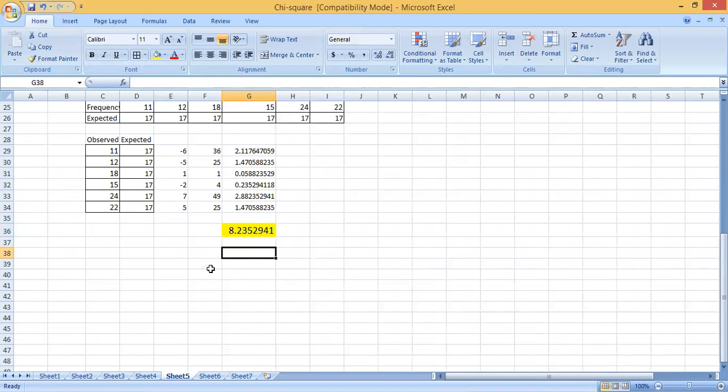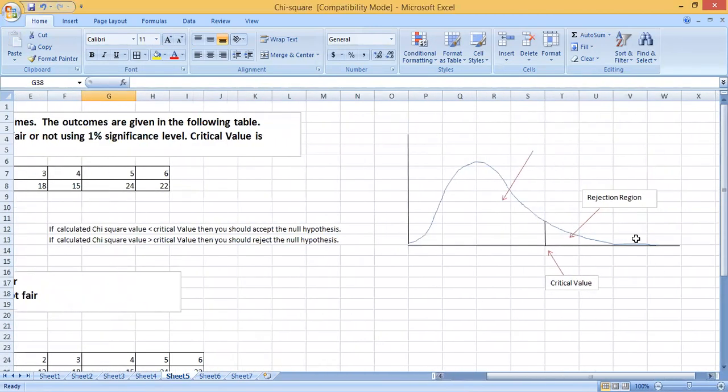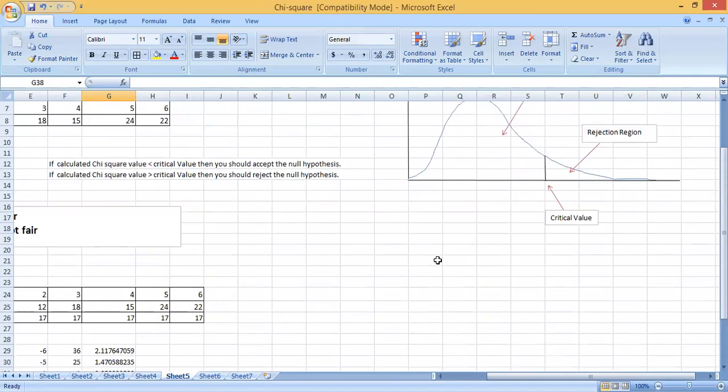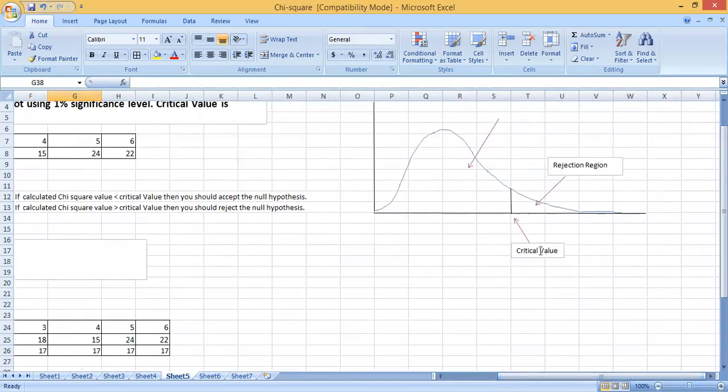And if we go to this curve, this is the chi-square distribution, and this point represents the critical value. This is the rejection region. Our calculated chi-square value, which is 8.23, is actually less than our critical value, 15.086. So this is the critical value, 15.086, this point, and 8 is less than this.